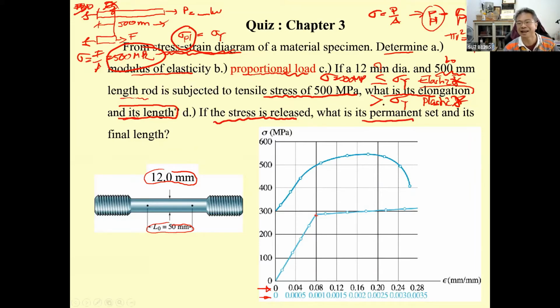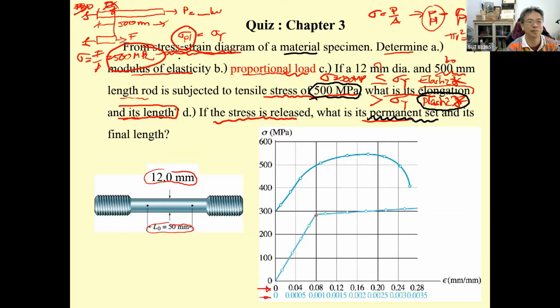If they ask you like this, very sure for me, the behavior of the material under 500 megapascal stress is going to be plastic for sure, because they're asking us to determine the permanent set and the final length. Okay, so we start by determining the mechanical property of this material.